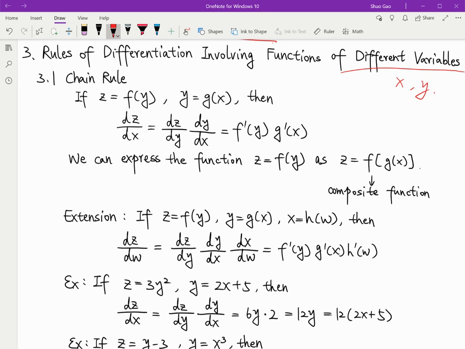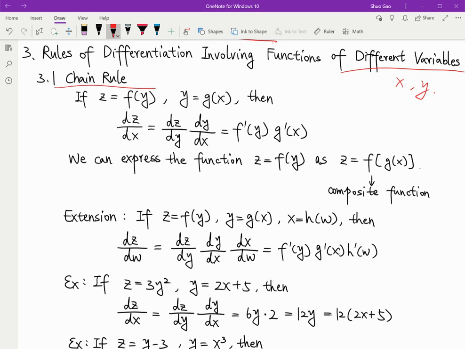So the first thing we talk about, which is very important here, is called the chain rule. The chain rule means that when you find the differentiation, it's kind of like using a chain to take the derivative one by one, and then finally we obtain the derivative.